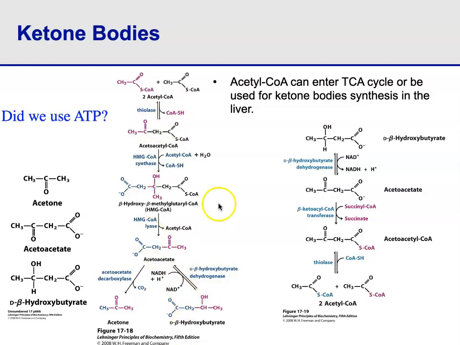This happens in the target cells, like brain, kidney, muscles, anything. Then we get to acetoacetate, and with succinyl-CoA and beta-ketoacyl-CoA transferase we convert the acetoacetate to acetoacetyl-CoA, and then with the help of thiolase, we generate acetyl-CoA.